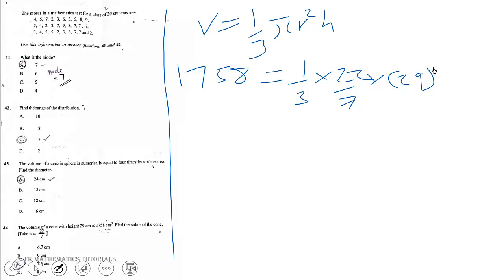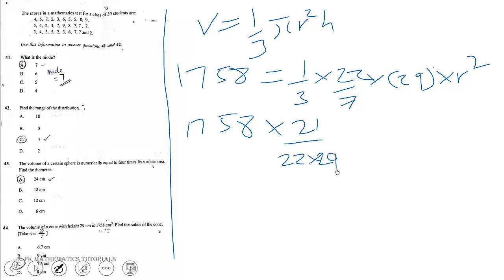We don't know the radius, so we solve for r. So 1758 times 3 times 7 over 22 times 29 should be equal to r squared. So we multiply through by 3 times 7, which is 21, and divide through by 22 times 29.